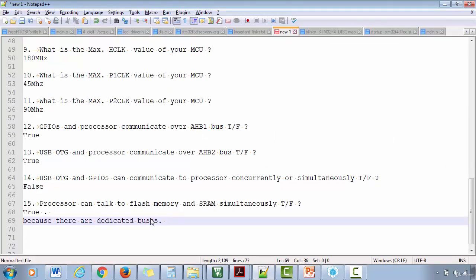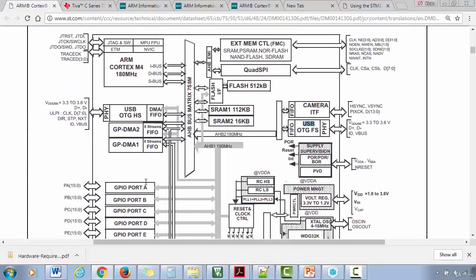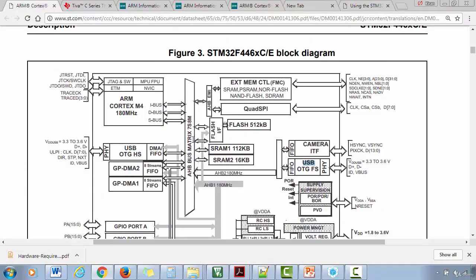The processor can talk to flash over I-code and D-code, and at the same time it can talk to the SRAM over the system bus. So what's the problem? It can do that. That leads to our next discussion, the AHB bus matrix, which serializes communication between the controller and the various peripherals on different buses.